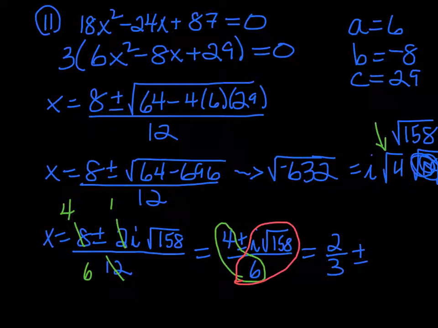Now that really can't be reduced, but I can split that up, and that would be 1/6 i, and then the square root of 158. And if you look at that, that is choice 4. And there we go.